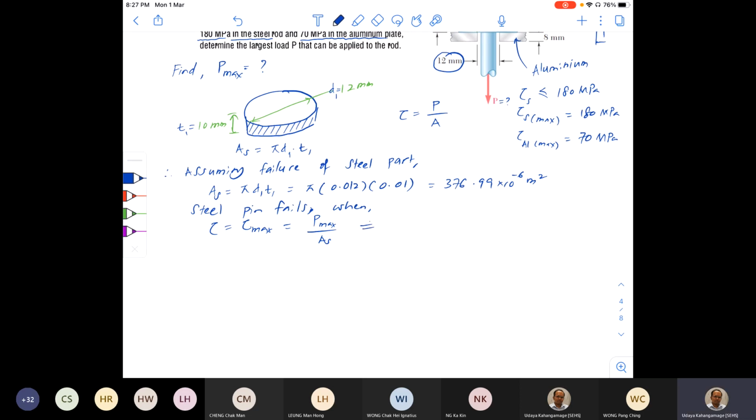So this tells me that I can find P max when the failure happens by multiplying AS by tau max.